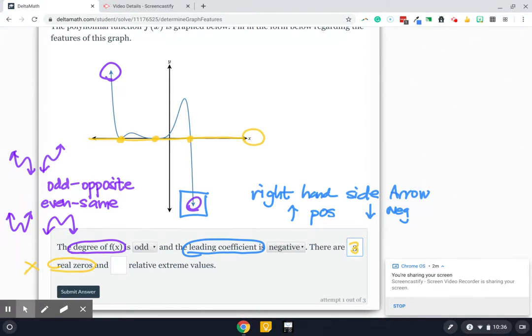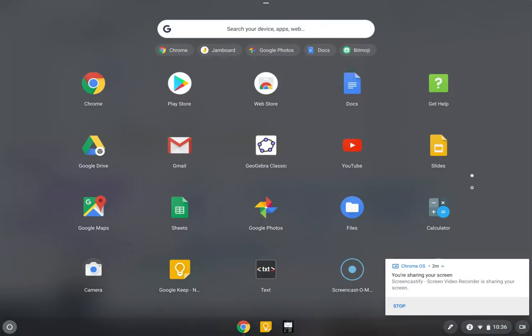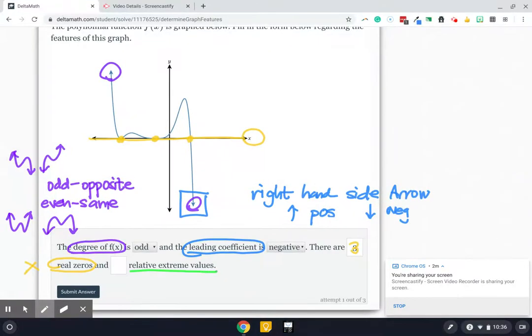Okay, and then the last thing here is a little bit different, so we're going to take a second to talk about that. This one says extreme. So when we talk about extremes, we are talking about either maximums, which is like a mountain on our graph, or minimums, which is like a valley for our graph.